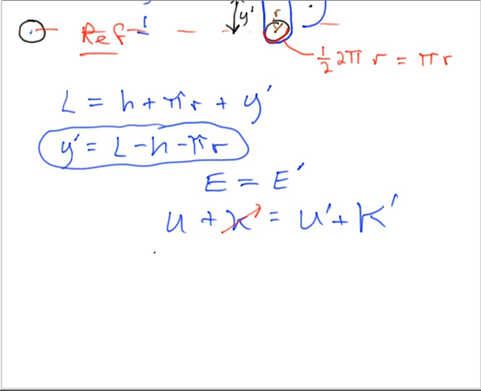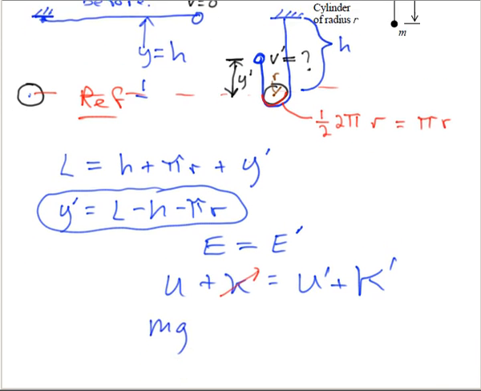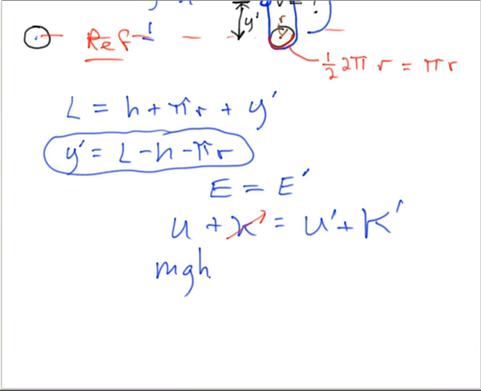Replace the u with what it is, mg times the height in the before picture, which is h. And that's equal to, actually I think I'll call it y for now, and then call that a replacement.